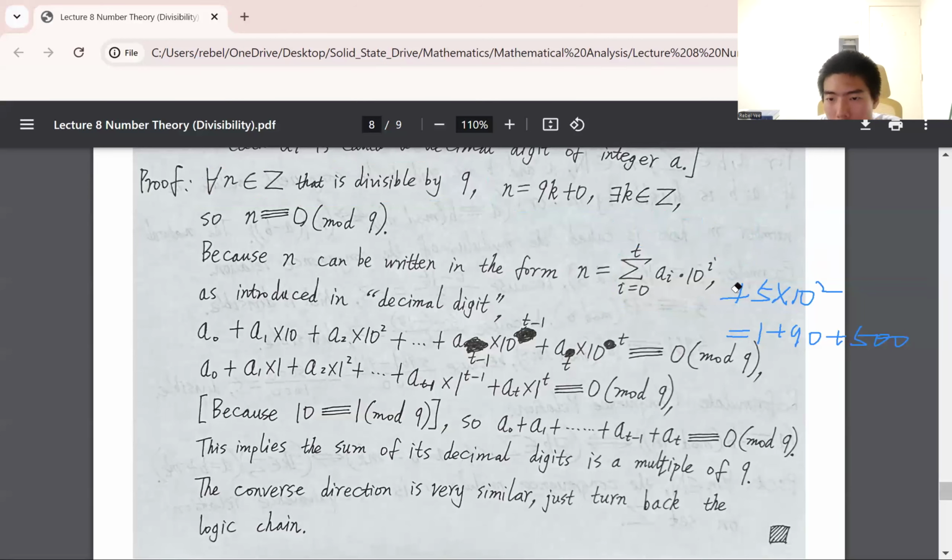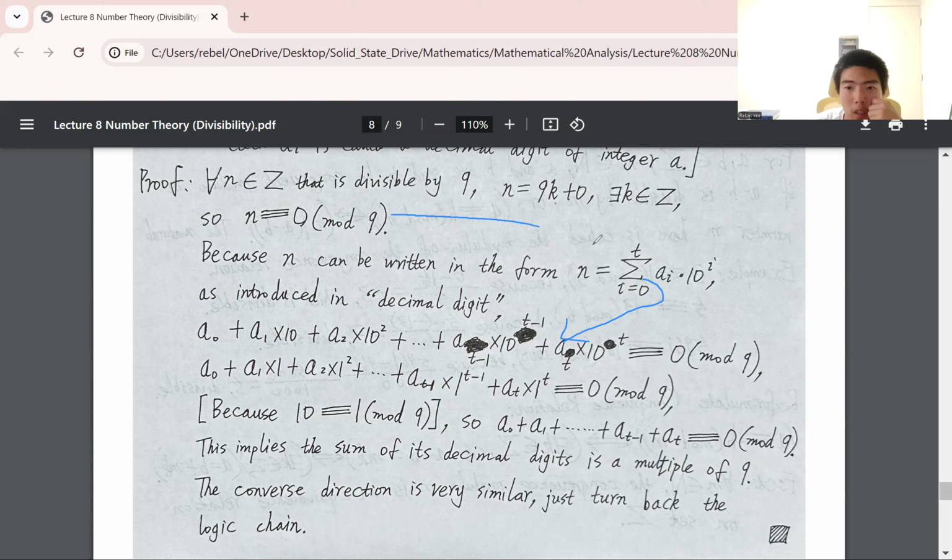Then one interesting thing is that if n is equal to this form, then we just expand this summation to here.